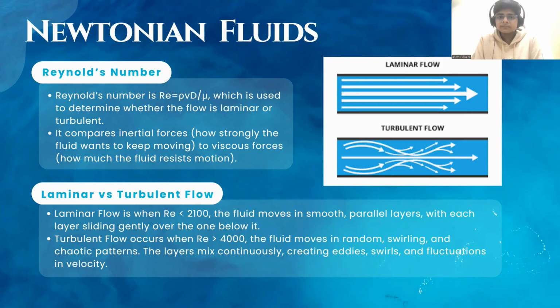Laminar flow is when the fluid moves in smooth, parallel layers with each layer sliding gently over one another. Turbulent flow, on the other hand, is when the fluid moves in a random, swirling, chaotic motion. The layers mix continuously, creating eddies and fluctuations in velocities. Laminar flow is when the Reynolds number is less than 2100. Turbulent flow occurs when the Reynolds number is greater than 4000. You can see the diagrams which describe the laminar and turbulent flow evidently.